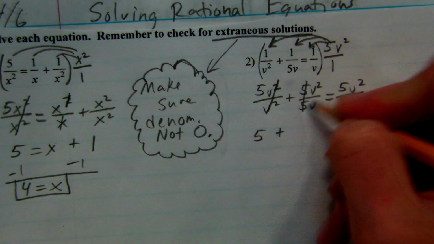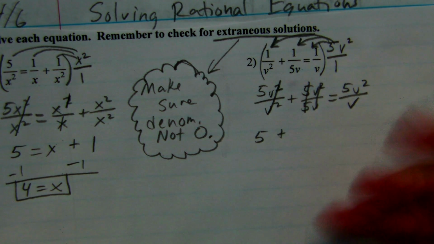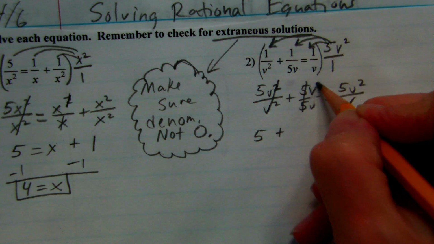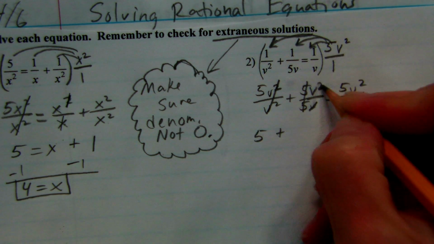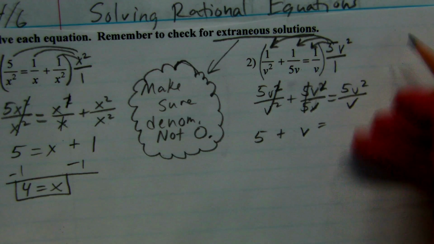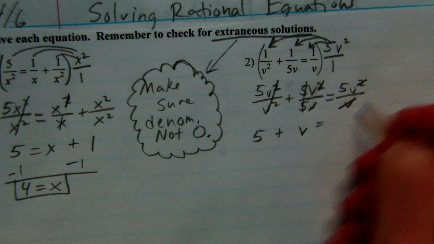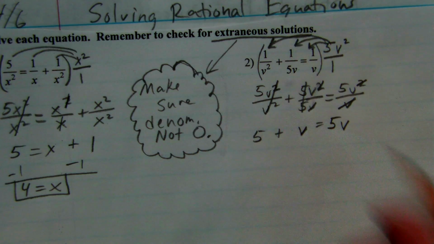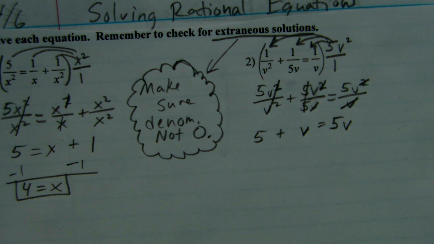And then this all cancels. No, wait, the v does not. Hang on. So you're right. V squared over v would just become v, since the v would cancel with one of those. And then over here, this v will cancel with one of those and leaves me with 5v.